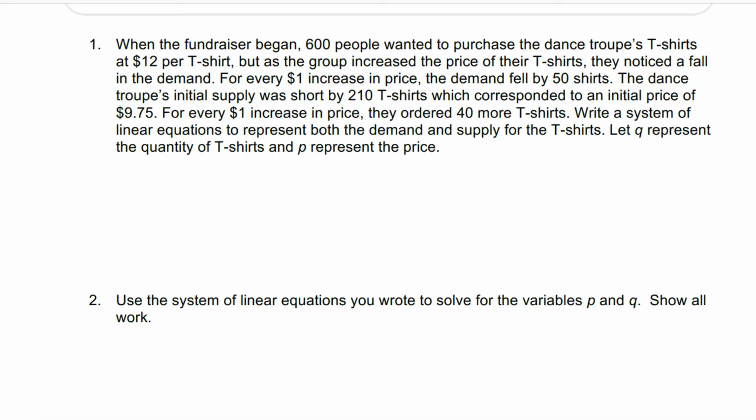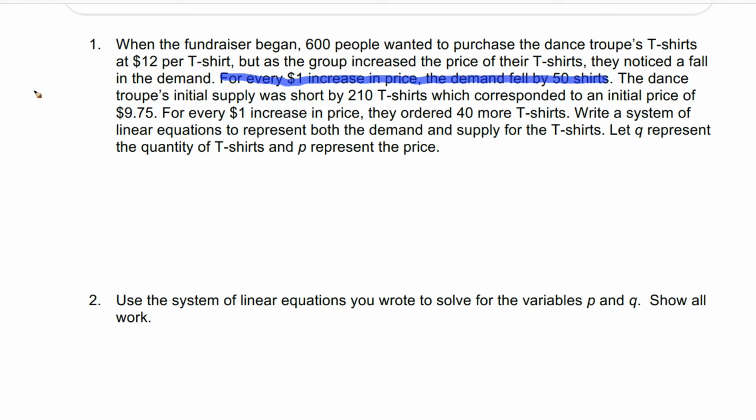For every $1 increase in price, that's important, the demand fell by 50 shirts. Right here we're talking about a slope. For every time Y went up, X went down by 50.